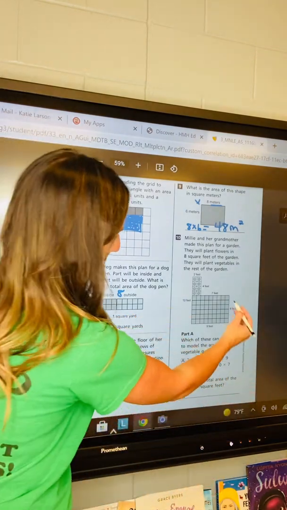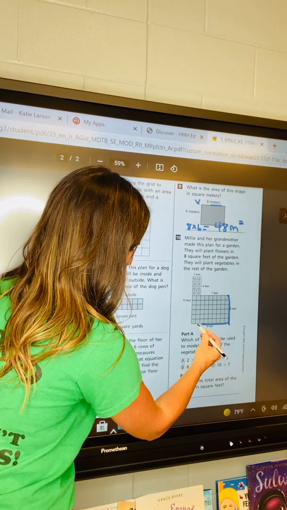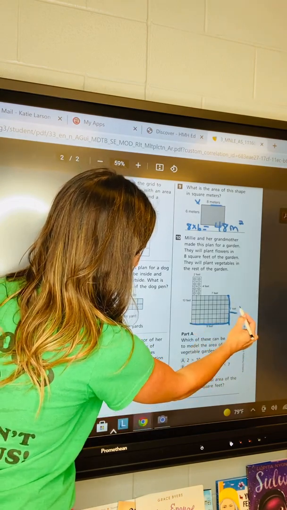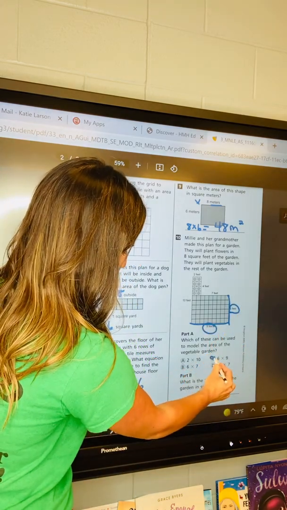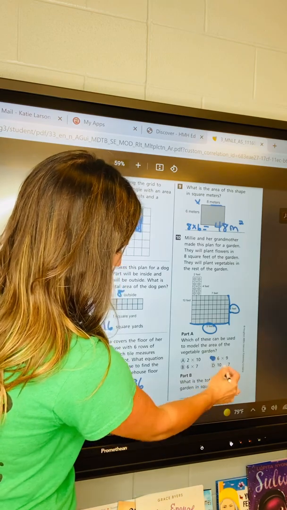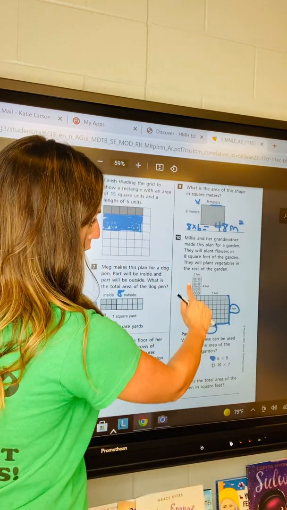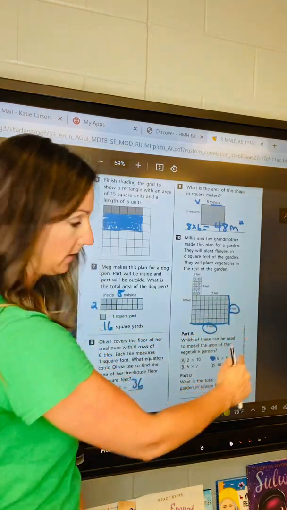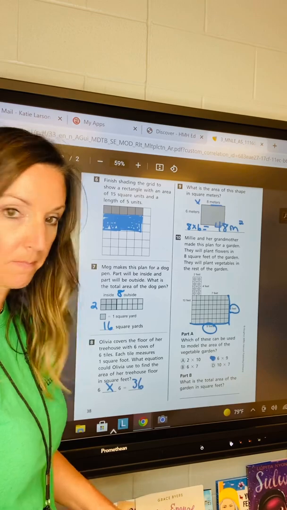Okay, so the vegetable garden we see is 6 feet long by 9 feet wide. So the 2 numbers we can multiply for the vegetable part is 6 times 9. So here we go, 6 times 9. We cannot do 9 times 10 because the vegetables don't go up this high and they don't go across. So the vegetable part is only 6 by 9, okay?